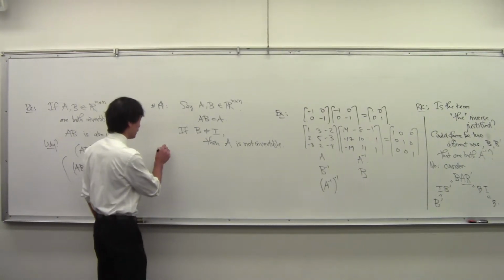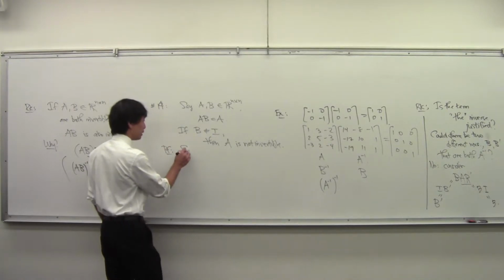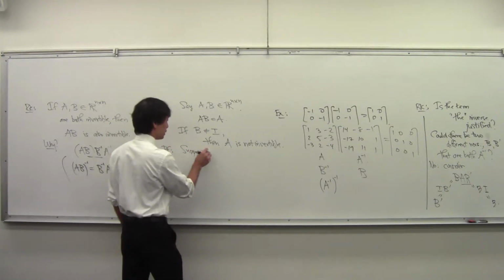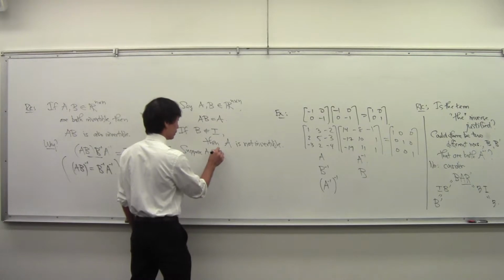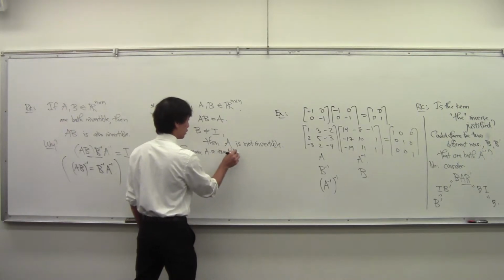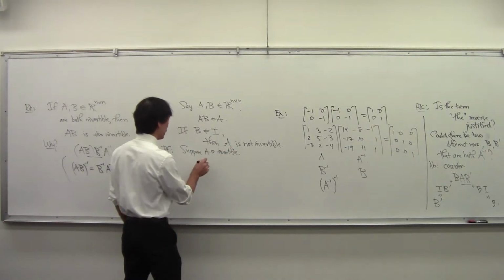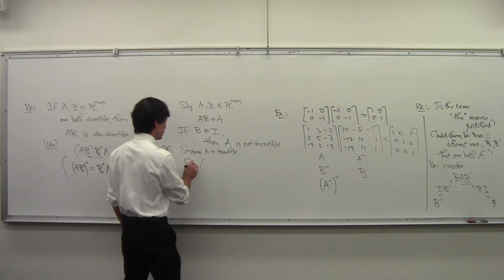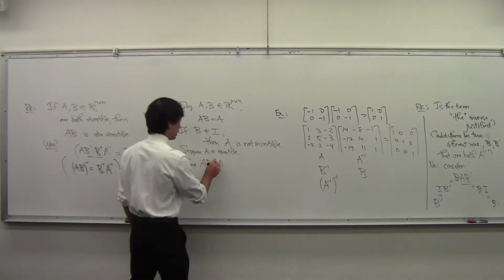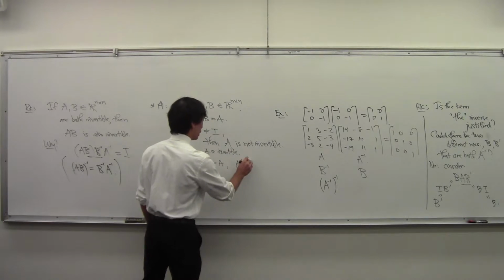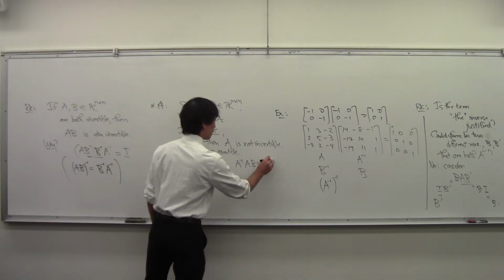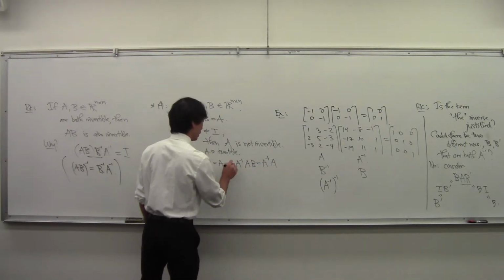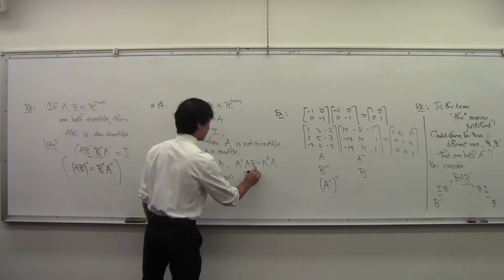So certainly you can say, okay, well suppose A is invertible. But then, since AB equals A, we know that A inverse AB equals A inverse A. But that would imply that B is the identity matrix.